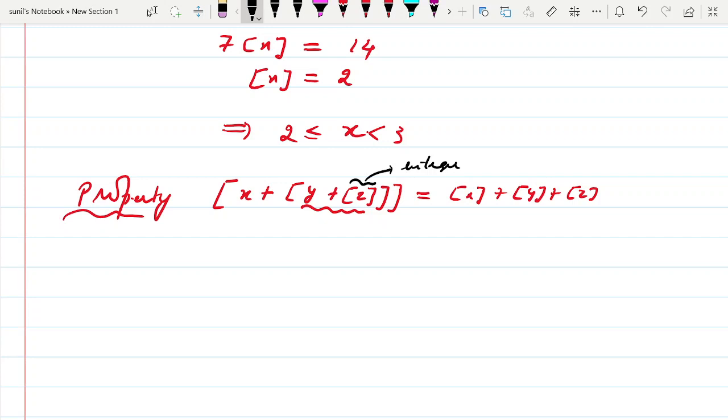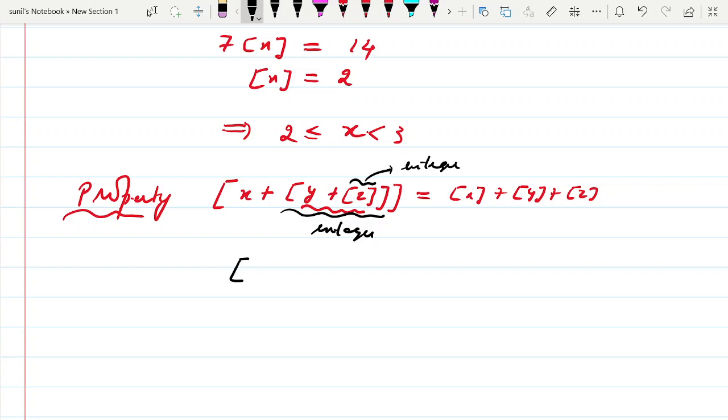So now let us simplify this: bracket x plus bracket z plus, what will you say about this? Let us use some symbol rather than this. Yes, that will be much better. And this entire quantity is again inside the bracket, so the whole of this quantity is an integer.